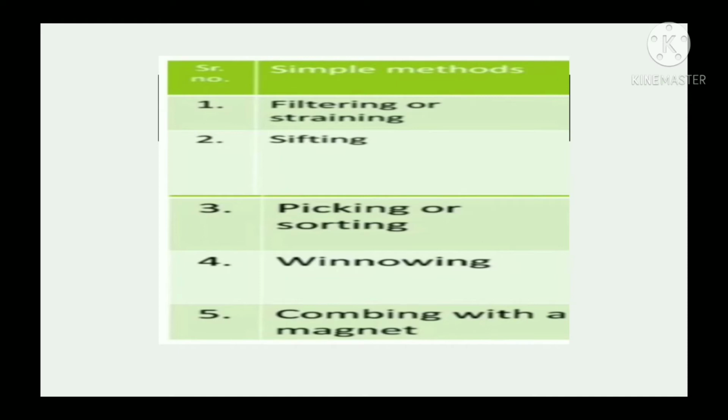Then combing with a magnet: if there is adulteration of semolina with iron, the magnet is combed through it for removing these iron particles. A mixture that contains iron particles is specially combed with a magnet.